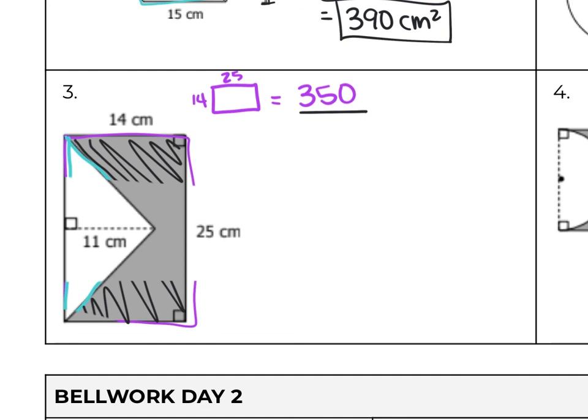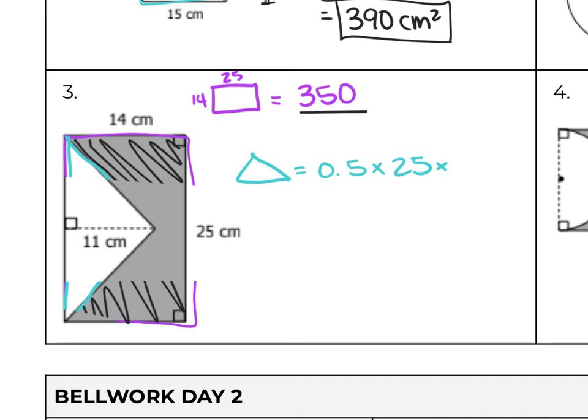Now the triangle is what's being cut out, right? So I find the area of that triangle. So 1/2 times, what's the base of the triangle? Remember, look where the right angle meets. What would the base be? 25, good.